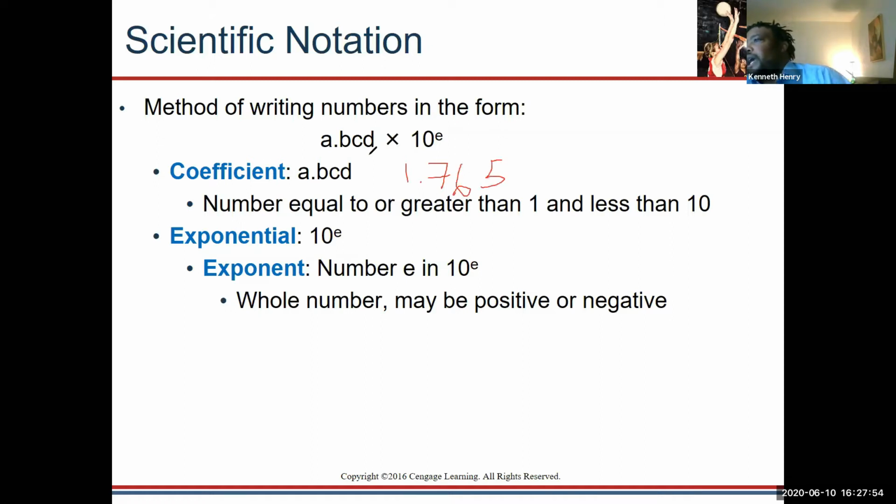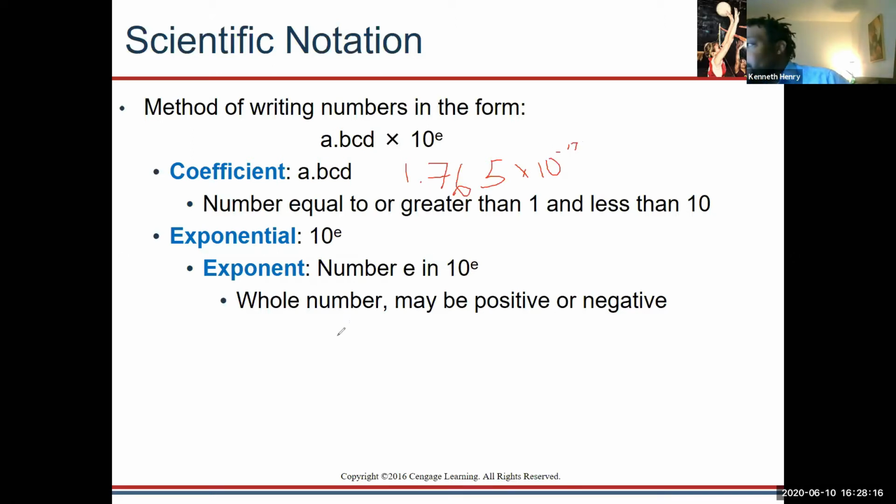And since we often will be dealing with very small or very large numbers, we also put this in terms of a power of 10. So if I have 1.65 times 10 to the negative 17.